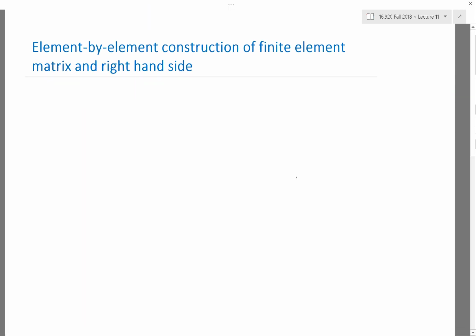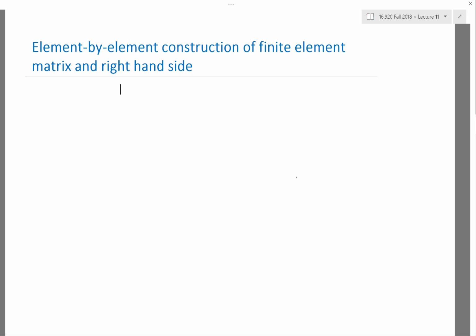Okay, so another thing I want to talk about, it's actually nothing theoretical, but more practical, especially when you go into 2 and 3 dimensions, is that there is actually an easier, more pragmatic way of constructing the matrix and right-hand side.